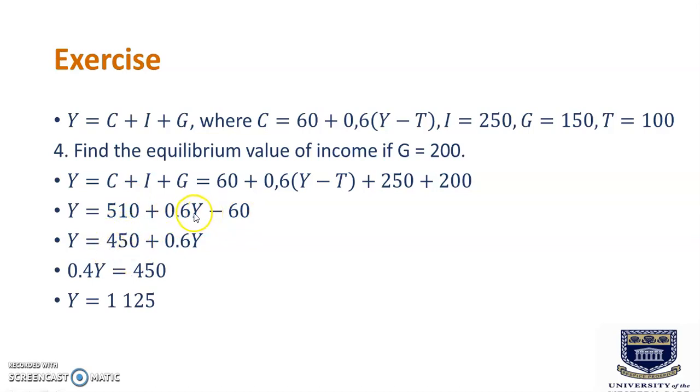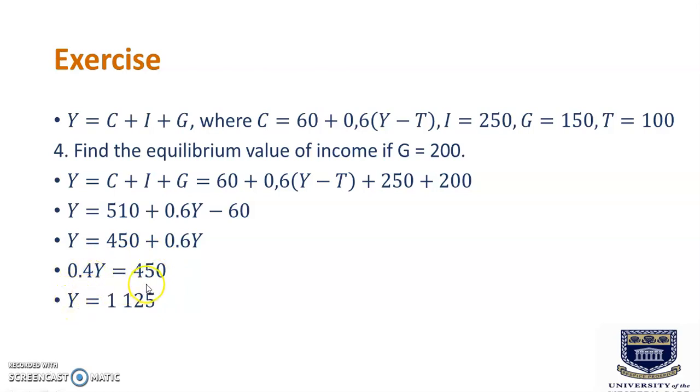I want to take my 0.6y over to the left-hand side, and I know when I do that, it's going to become negative. So hence, this is going to be 1y minus 0.6y, taking it over onto the left-hand side. I'm left with 0.4y, and I'm left with 450 on the right-hand side. So hence, to get y, I would divide both by 0.4.